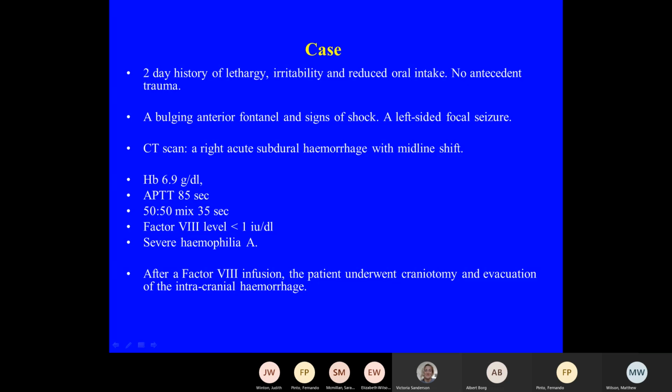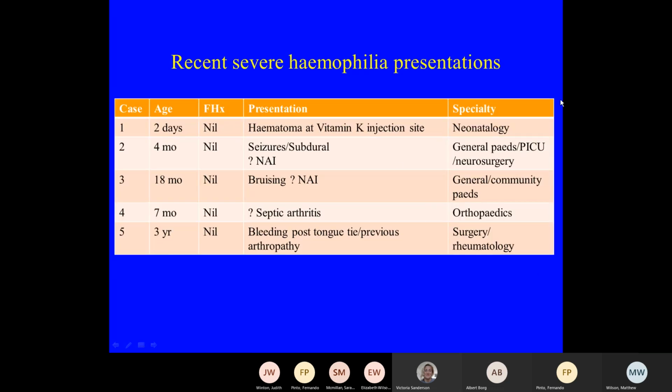So this is just to show another potentially life-threatening complication, with a potential long-term disability, of babies with severe hemophilia A, which is the intracranial bleed. And basically, we all fear that case coming our way. We have had patients, next slide, who have presented with subdural.